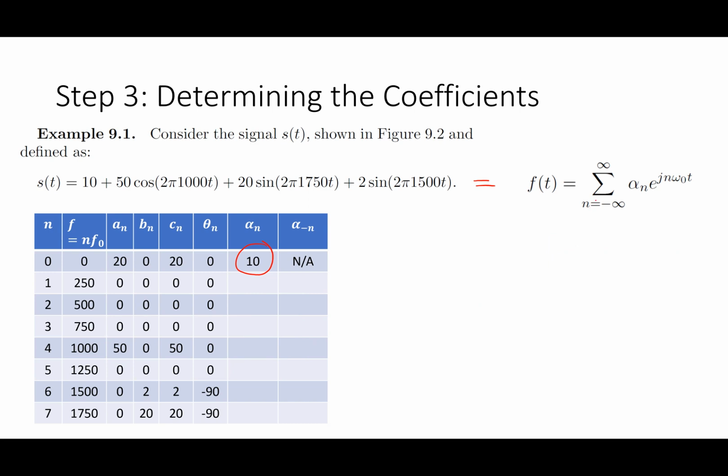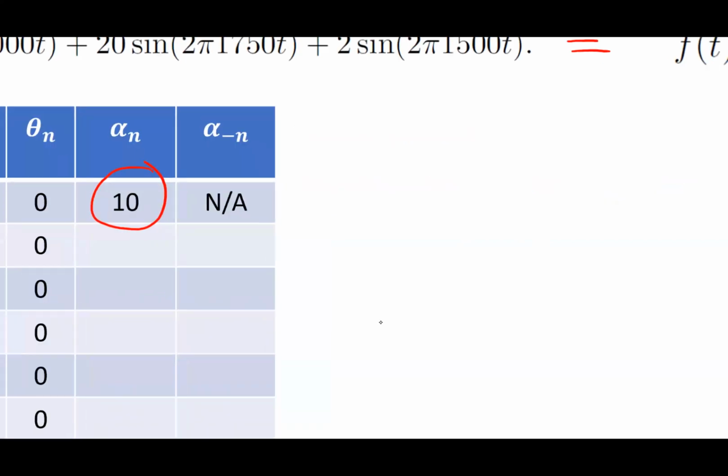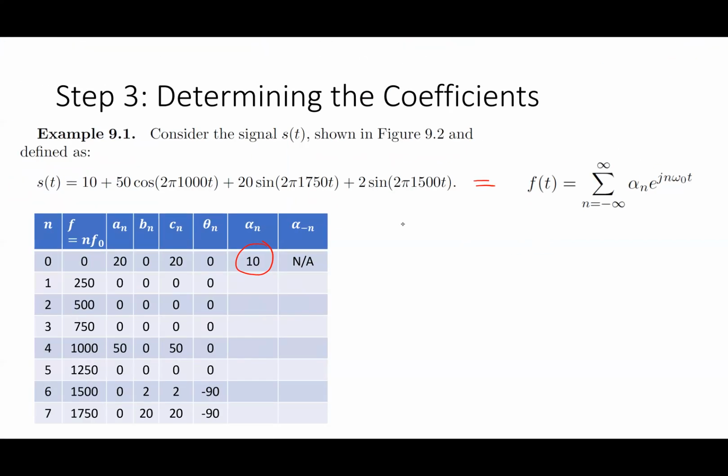If I plug in my n values here, we said that basically this guy collapses into alpha 0. There's not an alpha 0 and an alpha minus 0. So this guy is 10. So if I look at that rule, what do I do? A0 is 20, C0 is 20, alpha 0 is 10, just whatever the DC value is straight away, okay?